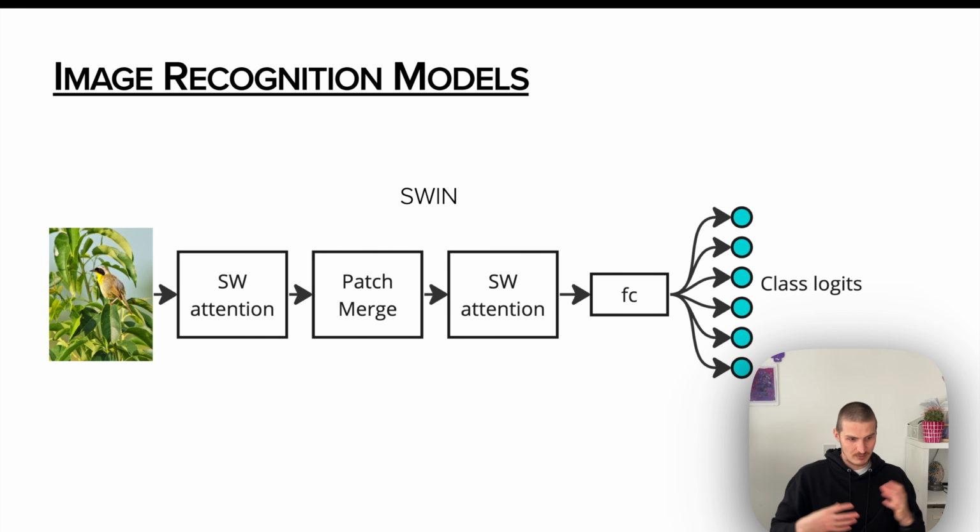So Swin transformer, for example, takes in the image, divides that into patches, then performs a series of shifted window attention blocks and patch merge operations. And shifted window attention can be seen as just a transformation applied to the image to arrive at a more processed representation. And then patch merge is downsampling. So it reduces the resolution of the image and increases the number of channels passed around in each pixel.